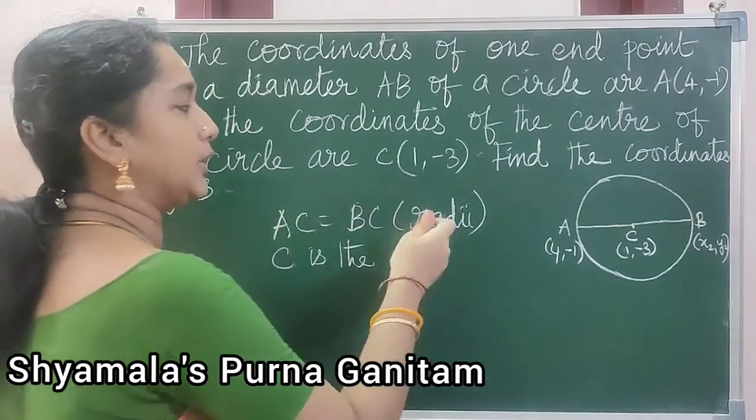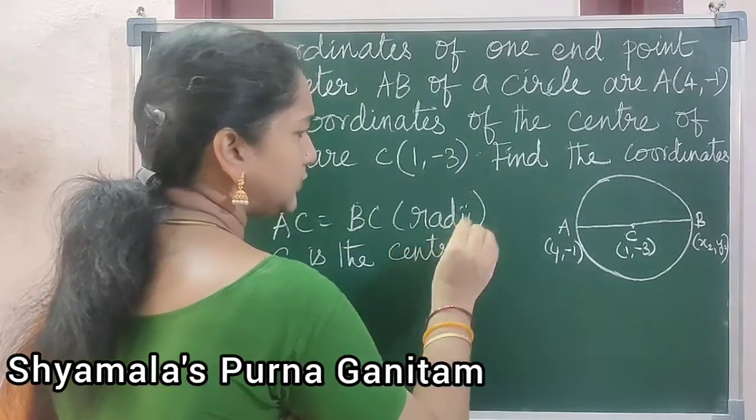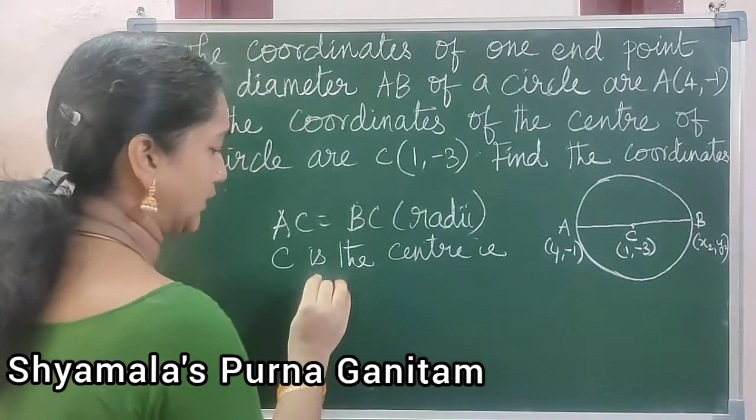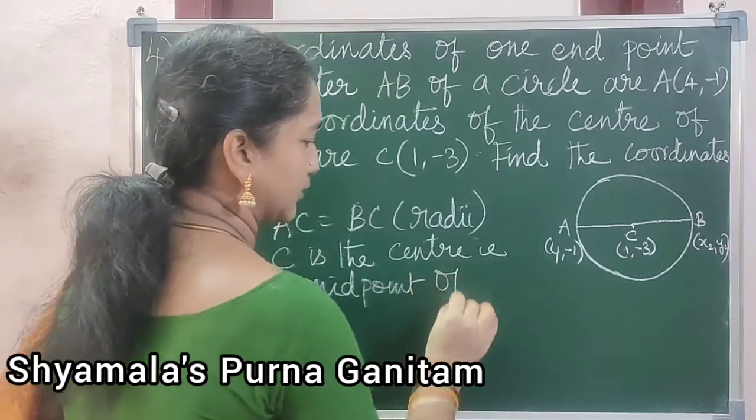So AC is equal to BC, radii. C is the center. Okay. That is the midpoint of AB. So this you have to write.